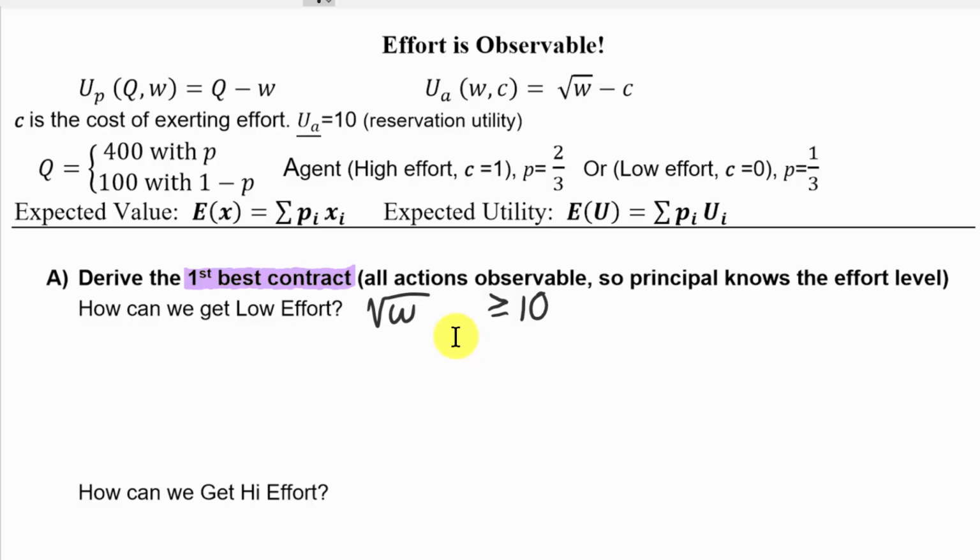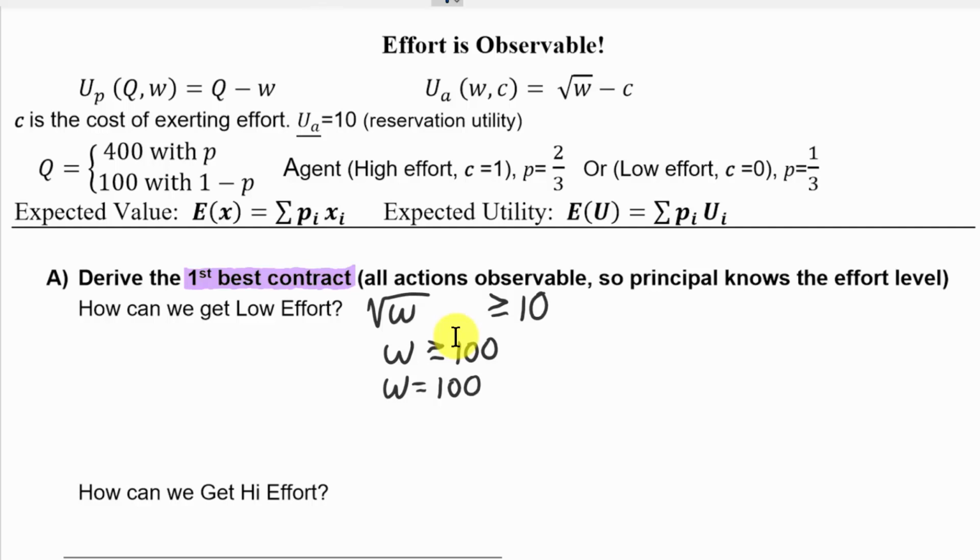And so we just solve this for W, and we get that W has to be greater than or equal to 100. Simple enough. So the cheapest way is to pay them a wage equal to 100, because if we pay them less, they're not going to come on board. We could pay them more than 100, but that would not be profit maximizing.